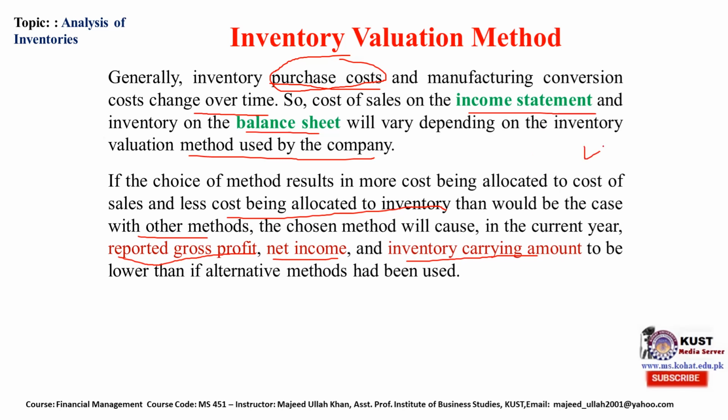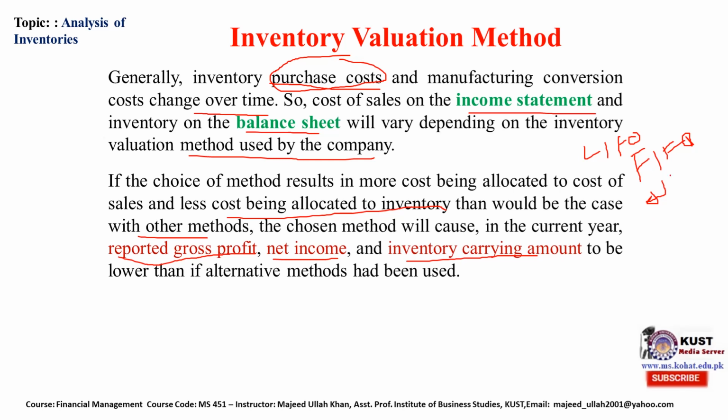LIFO, let's suppose, is one method and FIFO is another method. FIFO will allocate more cost to cost of goods sold and less cost to inventory.